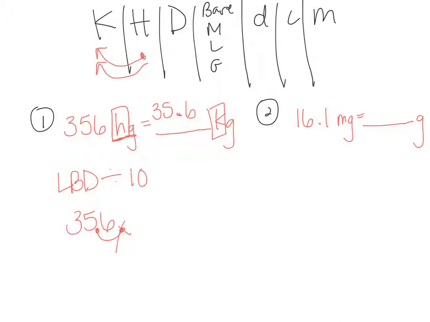All right, another example is 16 and 1/10 milligrams. So milli means I'm going to be starting at the outside M right here, and it has 2 letters, so that's my sign. So milligrams, and they want me to move to grams, and since there's only 1 letter, I know that they're talking about this center column where my grams are.